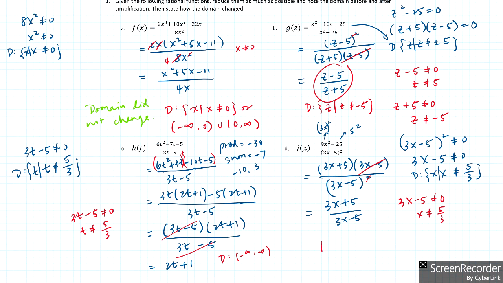So for the domain restriction, we're going to have exactly the same as what we started with. We want x such that x doesn't equal 5/3 over here. So in this case, even though we had some cancellation, the domain stayed the same over here. And that's how we can look at the domain restrictions when we're simplifying these rational functions.